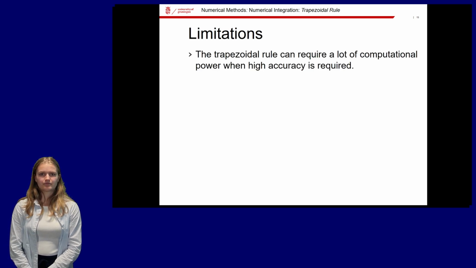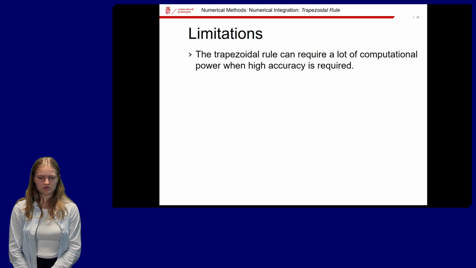So yeah, the trapezoidal rule has some limitations. It can require a lot of computational power when you need to obtain high accuracy and low error in your integral, because you will need to divide your interval into lots of segments with a small step size h.